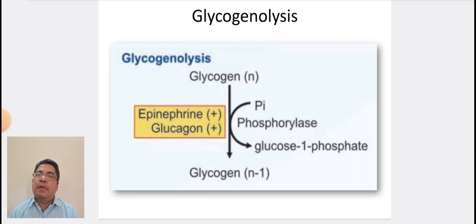In this diagram, we can see the glycogenolysis, where glycogen N is converted to glycogen N minus 1 and Pi is converted to glucose 1 phosphate in the presence of enzyme phosphorylase, and epinephrine and glucagon have a positive effect on the enzyme.